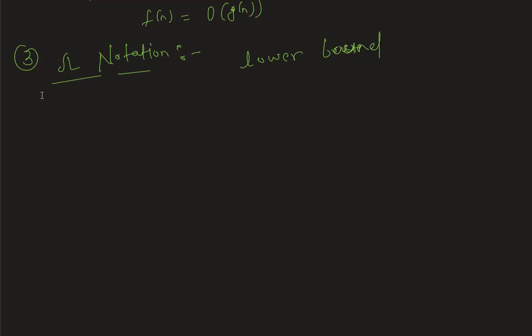Omega notation can be useful when we have lower bound on time complexity of an algorithm. The omega notation is the least used notation among all three.